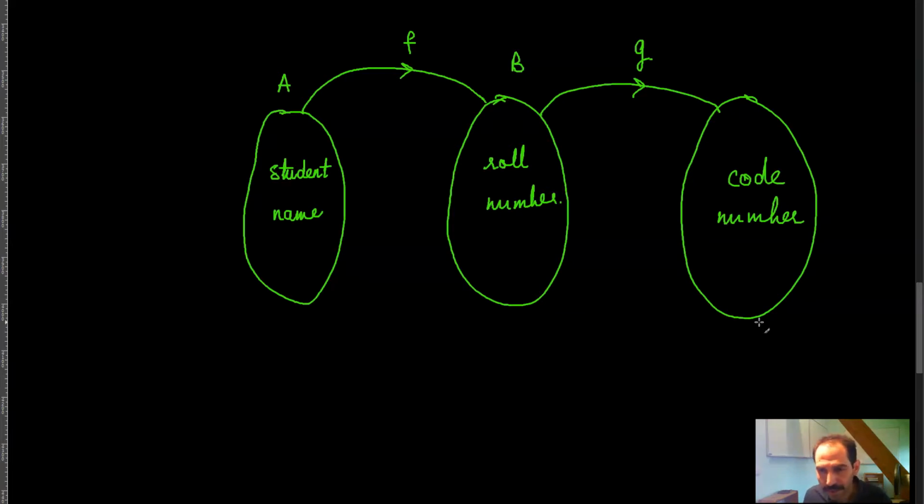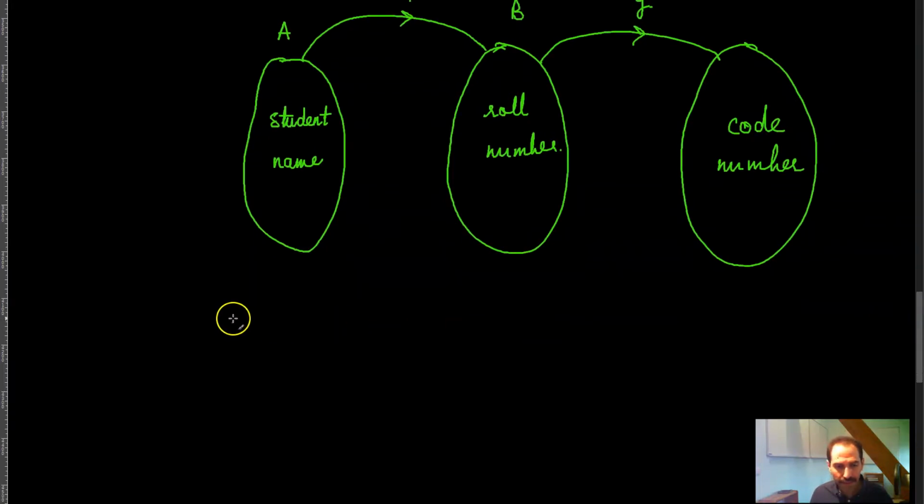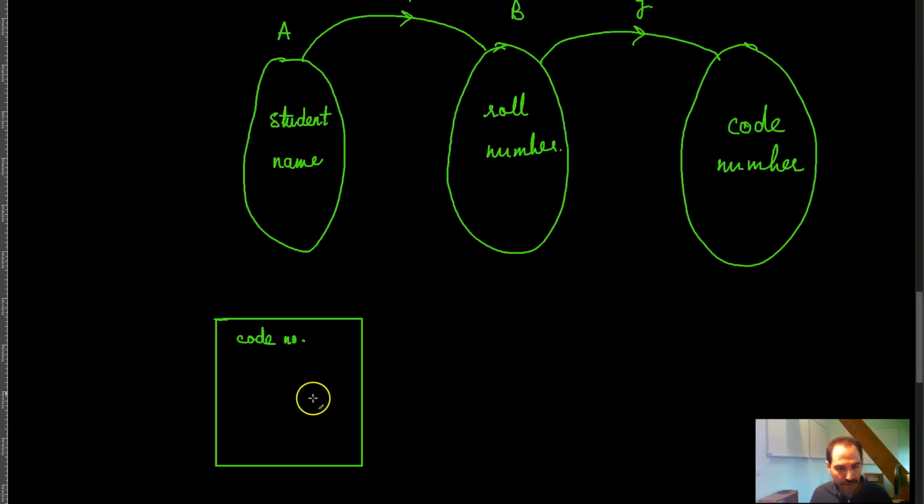And that mark will be assigned to some code number, meaning that the examiner simply has a paper he is correcting. On top of this paper, there is some code number. Then he corrects that paper, and there is a score relative to that paper. So that score will be related to some code number.